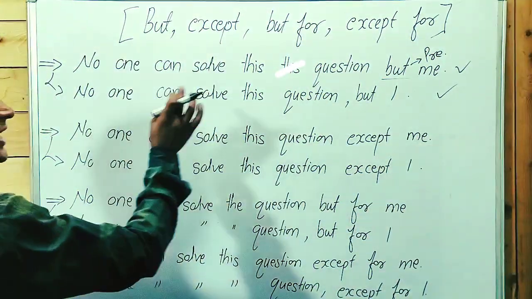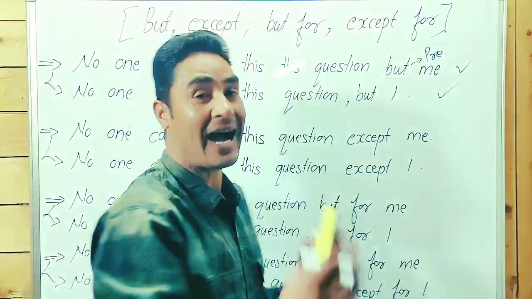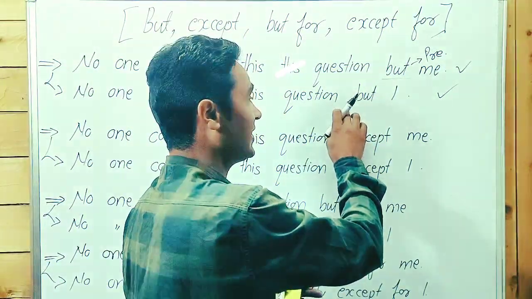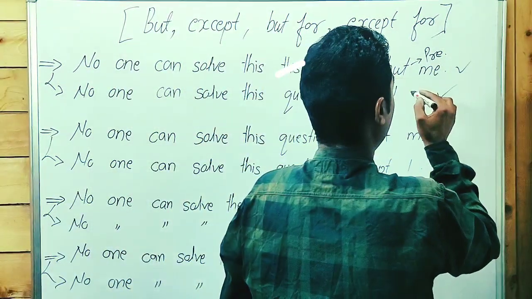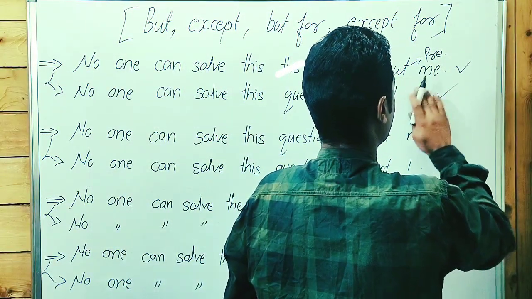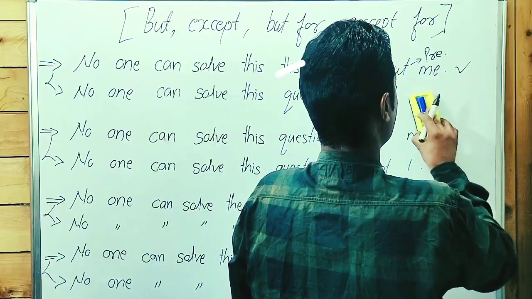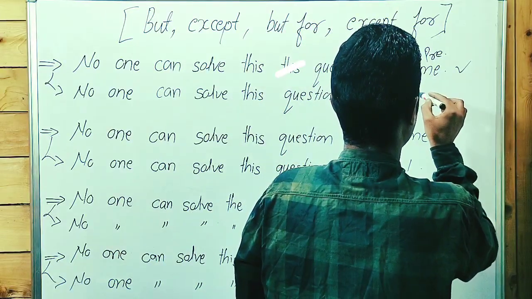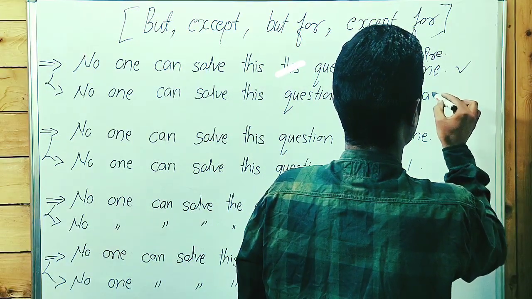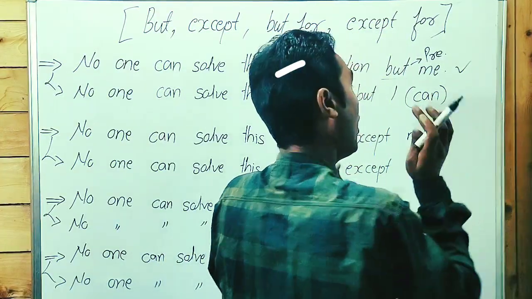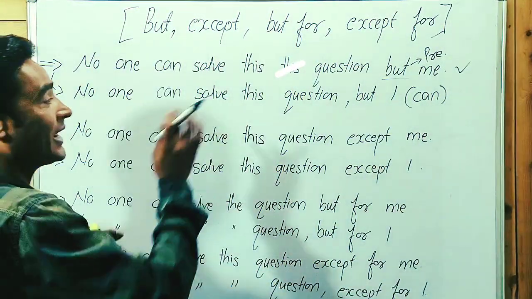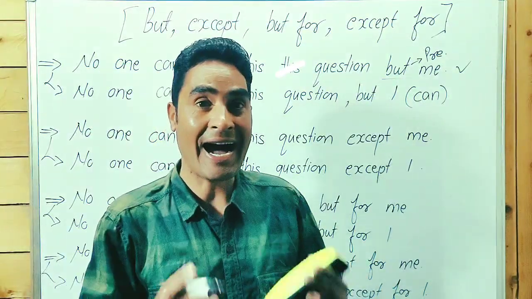But here, no one can solve this question but I. Conjunction. But I can. You can consider can; can is optional. You can write, no one can solve this question but I can.